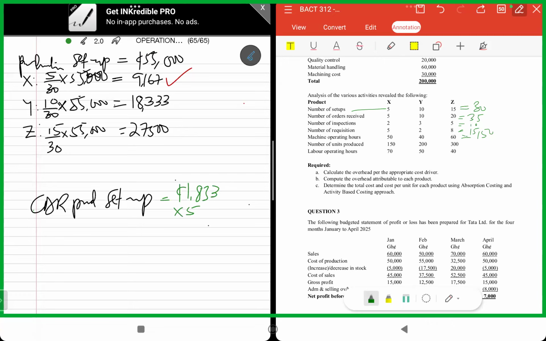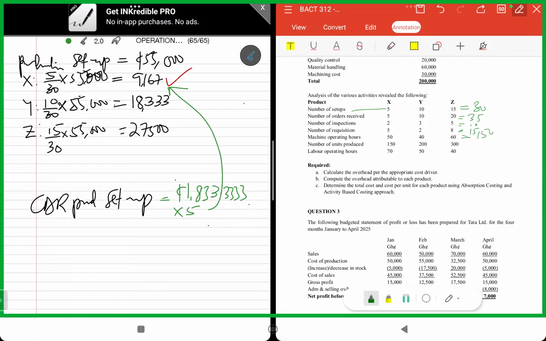Okay, multiply 1,833.333, make the 3 a 4 after the decimal place, and multiply by 5. 9166.6. So when you approximate, what do you have? 9167. Is it the same as this?